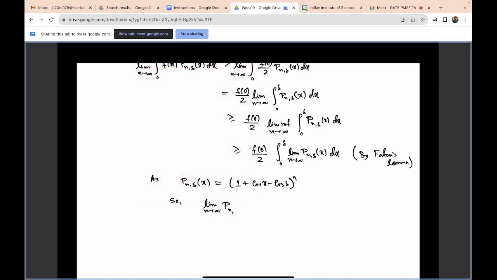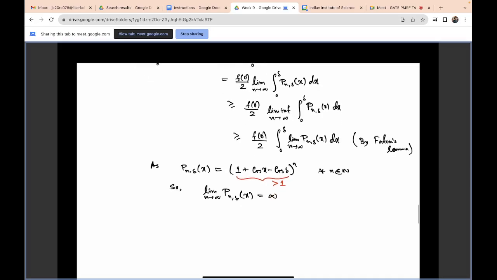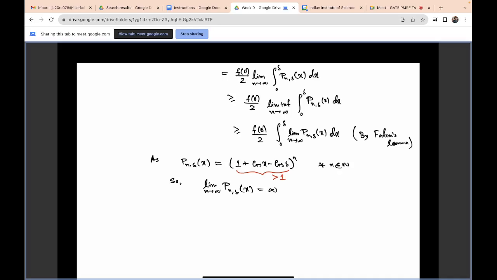And this quantity is strictly bigger than 1 for all n in natural numbers. So the limit of P_n,delta(x) will be infinity, because if you have something x to the power n where x is bigger than 1, then the limit will go to infinity, right?